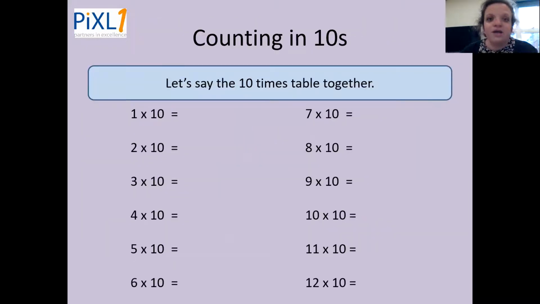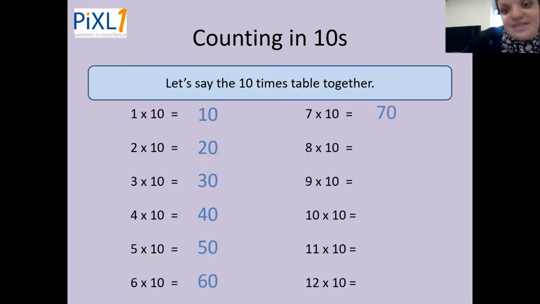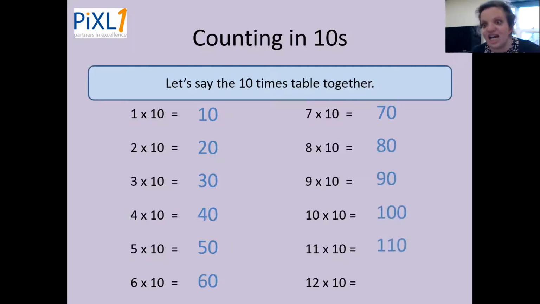Okay. So let's say the tens times tables together. So 1 times 10 is, well done if you got it right. 2 times 10 is, 3 times 10 is, 4 times 10 is, 5 times 10 is, 6 times 10 is, 7 times 10 is, 8 times 10 is, 9 times 10 is, 10 times 10 is, so that's 100. 11 times 10 is 110.